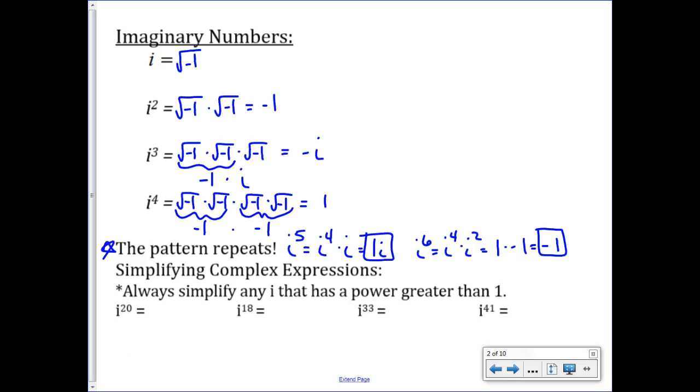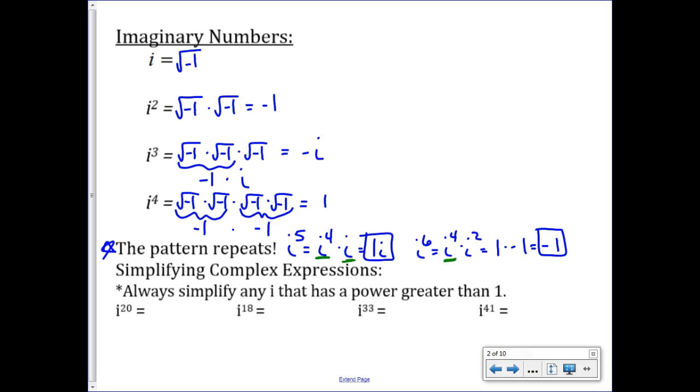So simplifying complex expressions. We always simplify any i that has a power greater than 1. So i to the 20th, what we're looking for here, notice what I did each time here, was take out as many i to the fourths as I could. And then I noted what was left over.